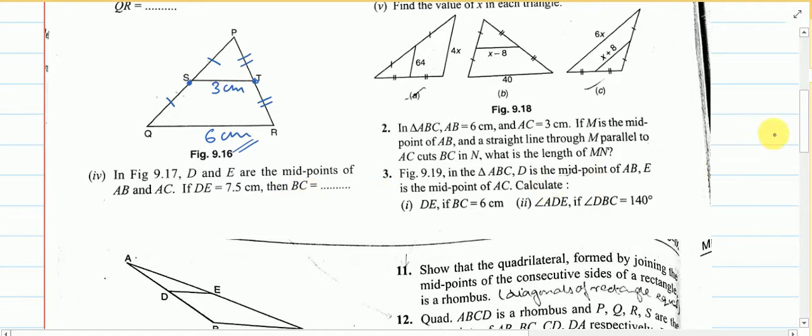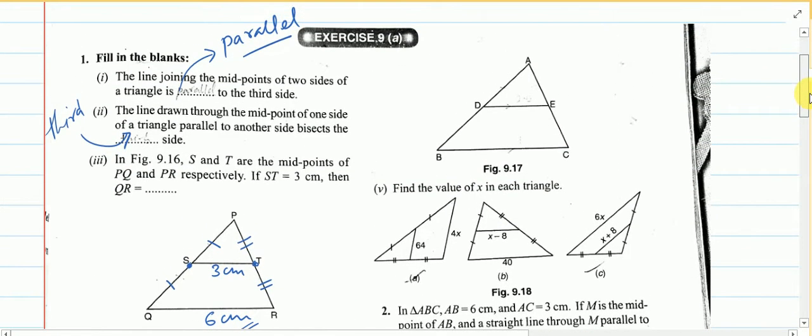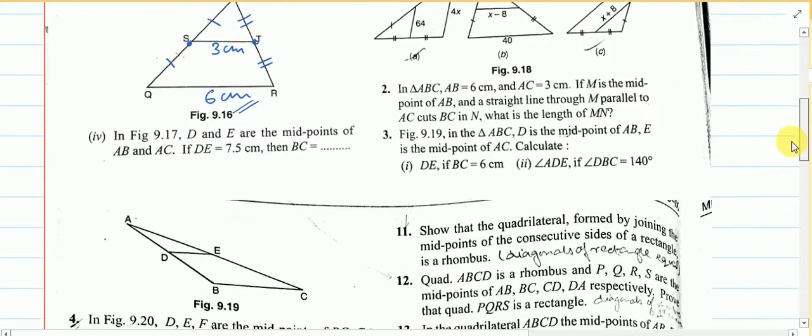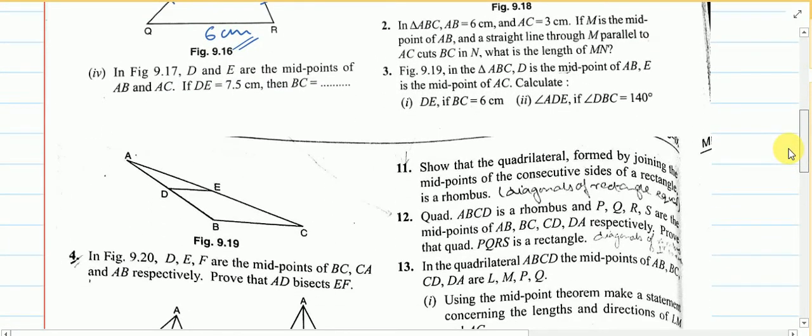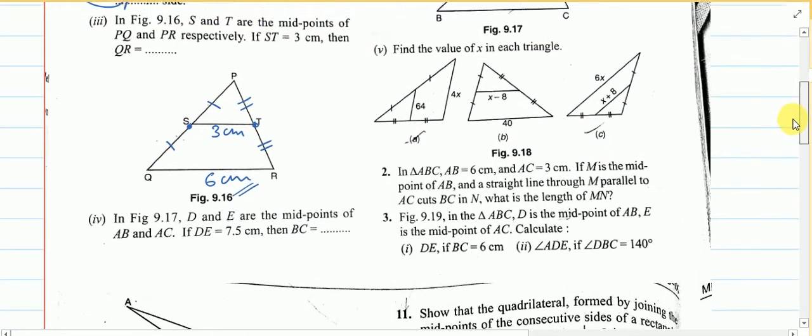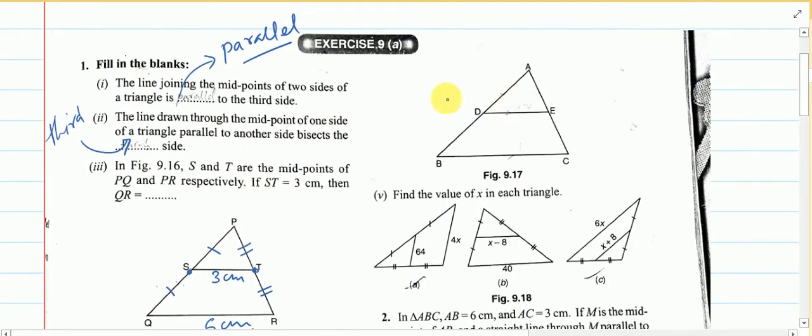So firstly let us see the figure. So this is the figure ABC and D and E are the midpoints of AB and AC, and it's saying that DE is 7.5 centimeter.